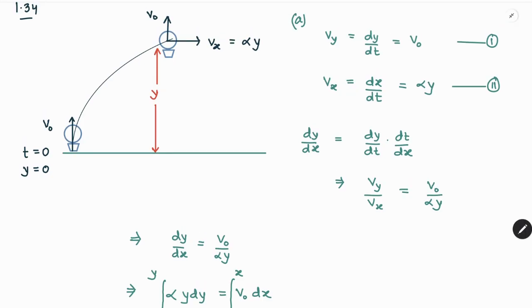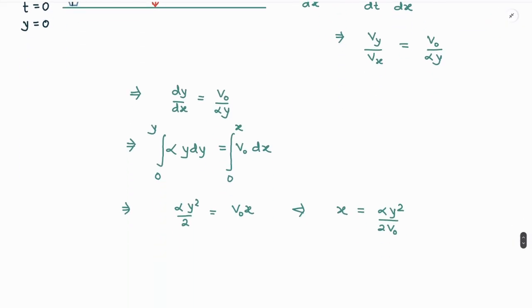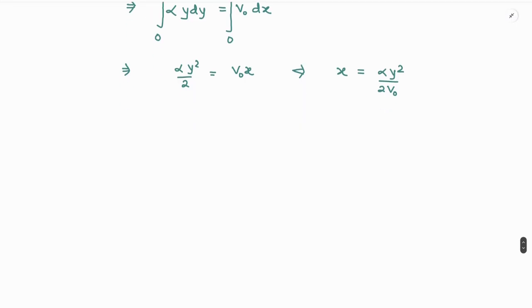Now the second part of the problem is asking us for the total acceleration. So if we solve for total acceleration, we are using the two components over here also. Over here we can say that ay is equal to dvy by dt.